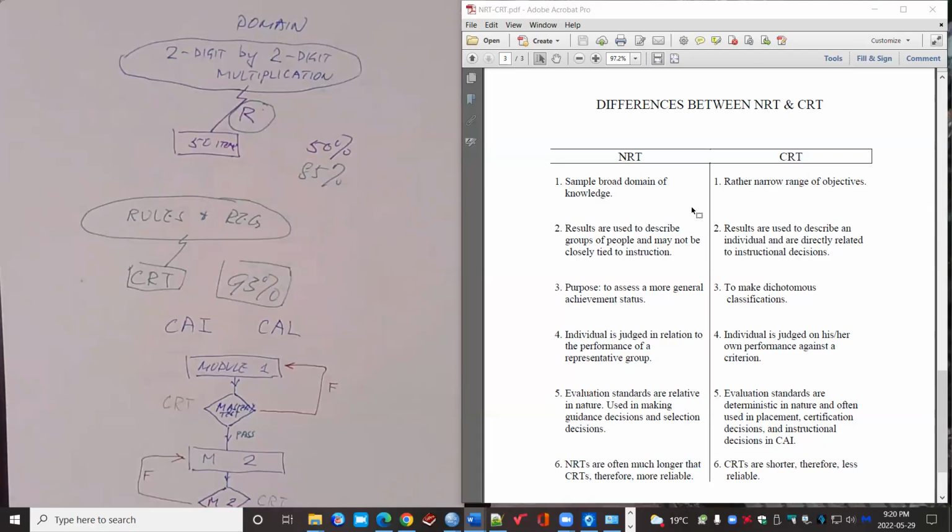Everything is geared towards knowing the rules and regulations on the road, traffic signs, that type of thing. The results for NRT are used to describe groups of people and may not be closely tied to instruction. Most NRTs are also called aptitude tests, meaning how good you are.